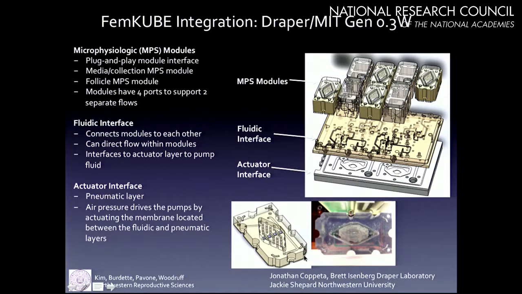And here is a little example of the flow through of a dye through this module that will be harboring the follicles. You can see that the flow is pretty even and goes through at a certain pace, certain microliters per minute in this system.